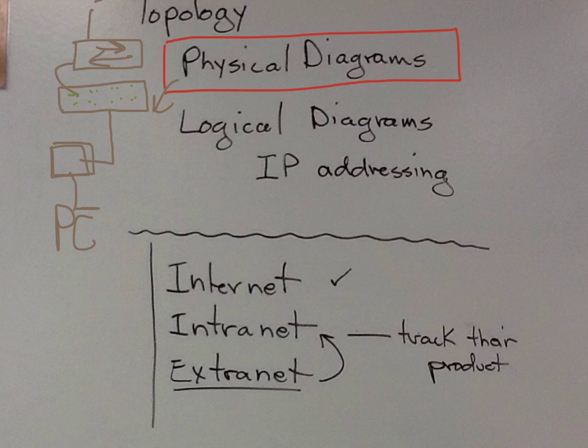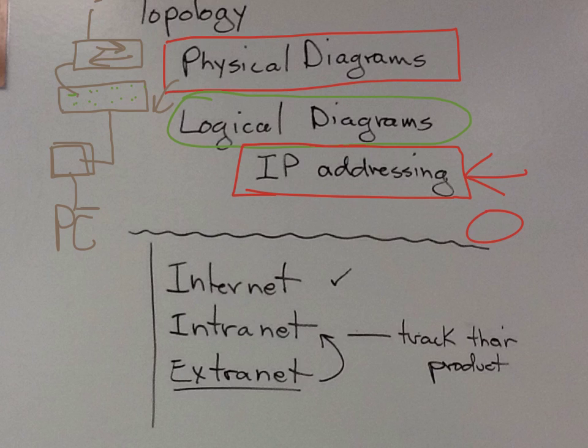And the NIC here. A logical diagram is a little bit more of what we typically draw on the board, but technically it usually has the IP addressing with it also. And you're more concerned about how you view it using IP addressing, how you look at the networks, and how they interconnect through routing devices.